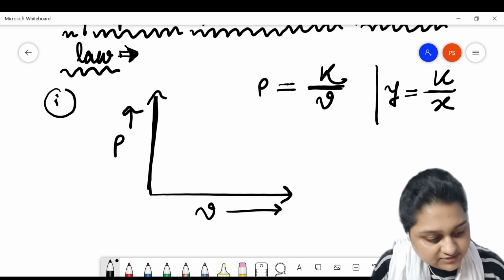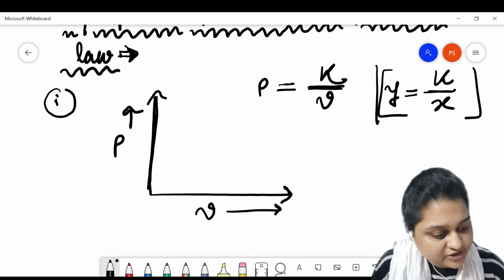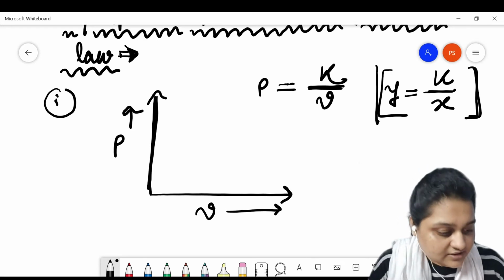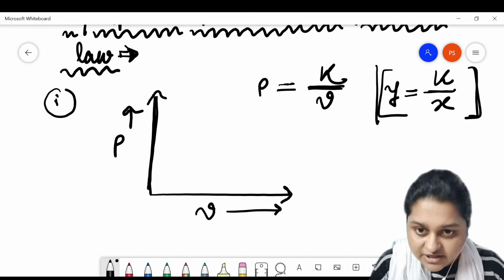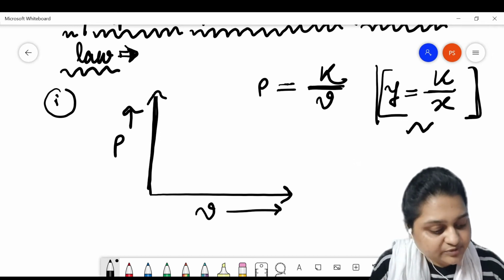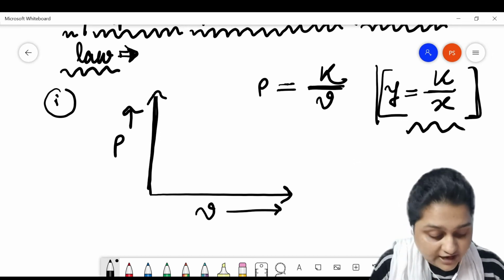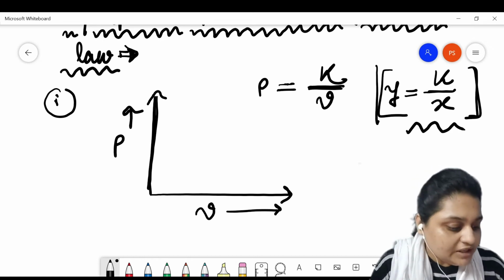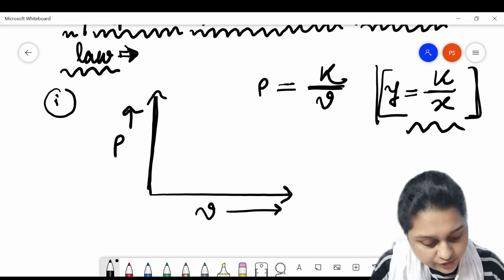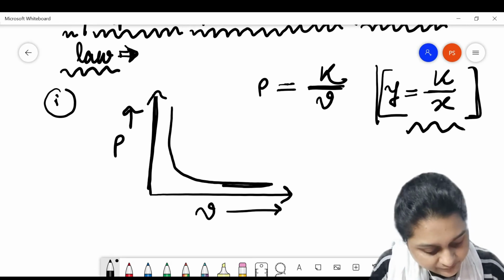So clearly you can see this expression is equal to the equation y equals k by x. Now this equation represents a graphical plot which is a hyperbolic type of plot. So the P equals k by V plot is going to be of this type.